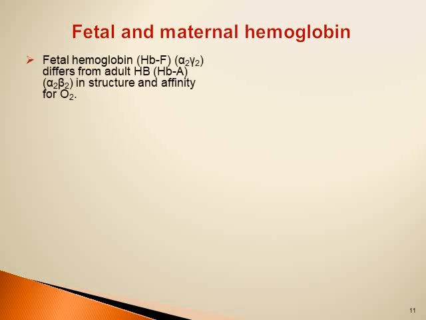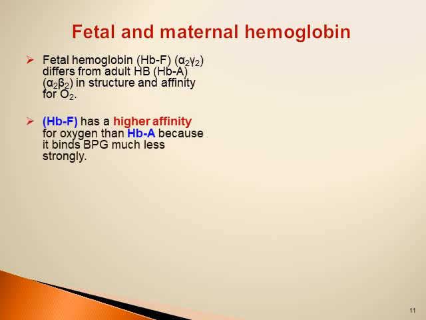In fetal hemoglobin, on the other hand, the beta chains are replaced by gamma chains, so the fetal hemoglobin, or hemoglobin F, is alpha 2 gamma 2, and it is different from the adult hemoglobin, or hemoglobin A, which is alpha 2 beta 2. They differ in structure, and also they differ in their affinity for oxygen.